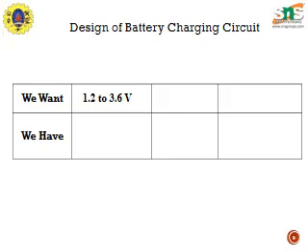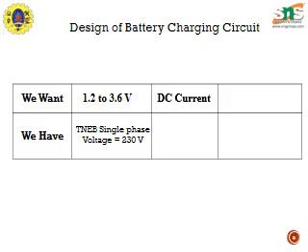For the battery charging circuit we want some standard output parameters. First we want 1.2 volts to 3.6 volts, but what we have is 230 volts from TNEB single phase supply. Next is DC current, that is direct current, but what we have is AC supply from the same TNEB.